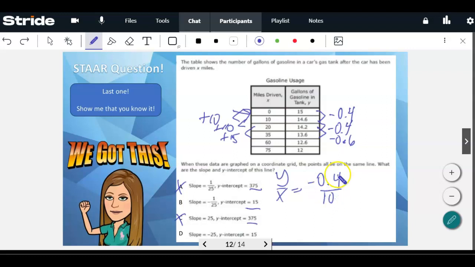So obviously it's going to be negative. Go ahead and you can put that into the calculator: negative 0.4 divided by 10.